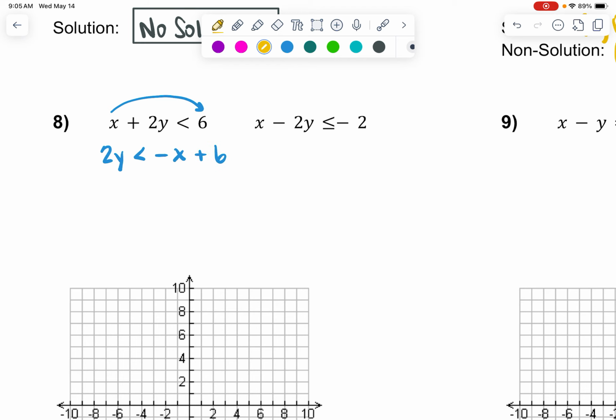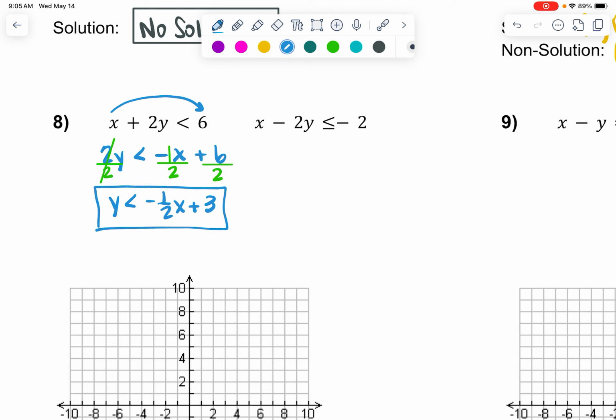And then I'm going to divide everybody by +2. Please don't forget there's an understood 1 right there. Okay, so the 2's are going to cancel or reduce down to 1y, which is exactly what I want. And then I got y less than -1/2 x + 3. All right, so there's the inequality that we're going to be graphing.